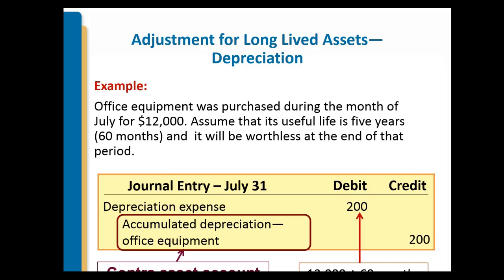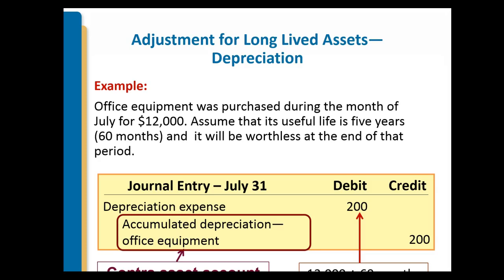Now the entry reduces an asset, office equipment, by $200. However, the asset account isn't reduced directly. Instead, the credit is to an account called accumulated depreciation that we know as a contra account to office equipment. Now, the normal balance in a contra account will always be a credit. That is contra or opposite to the normal debit balance in an asset account.